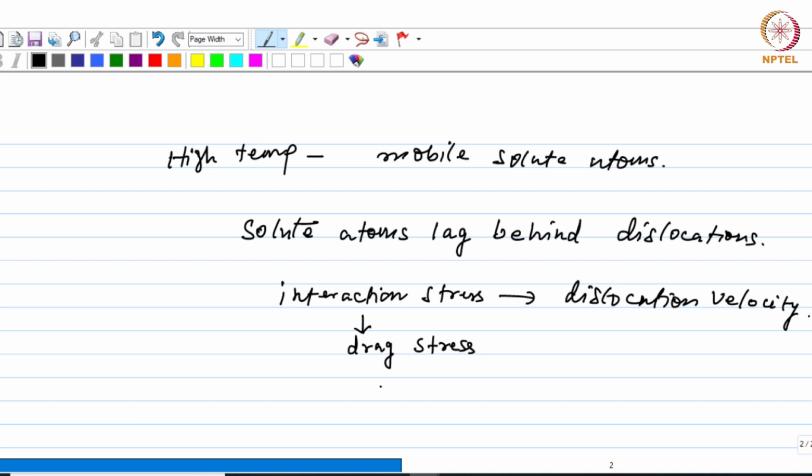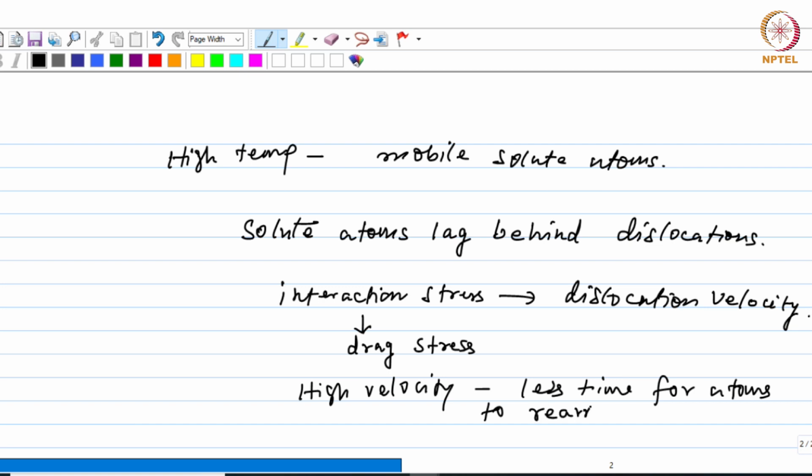When the velocity is high, there is insufficient time for the atoms to rearrange. And under such conditions, the solid atoms can be considered as fixed obstacles.